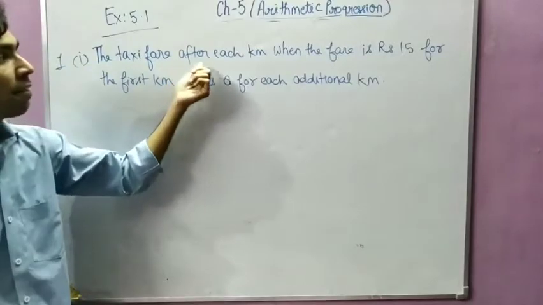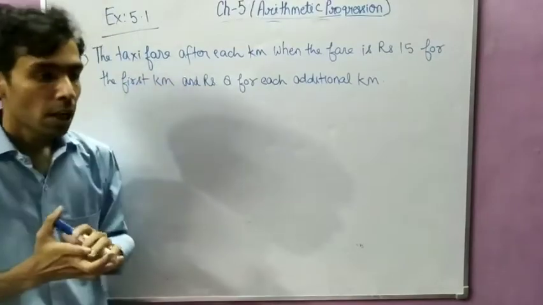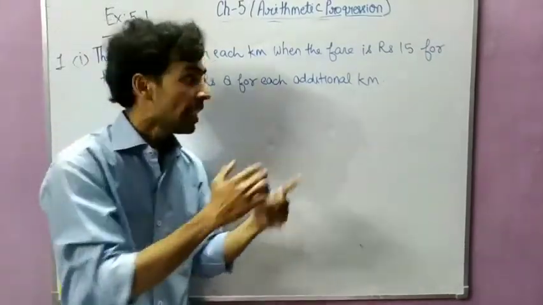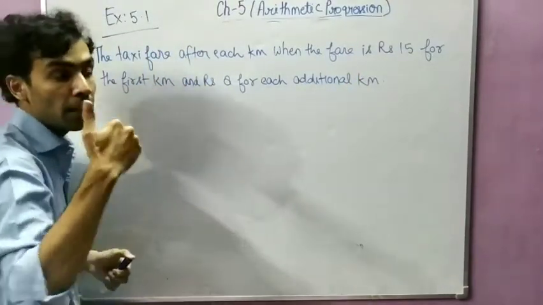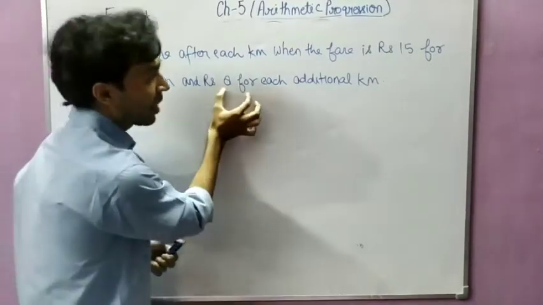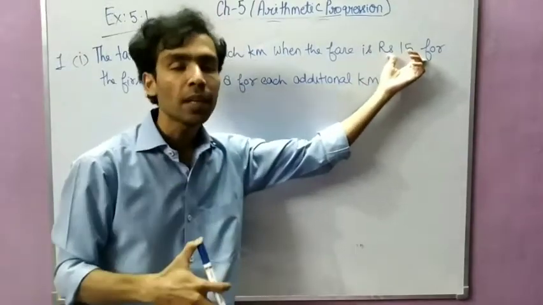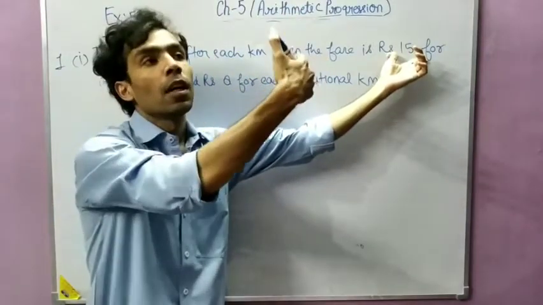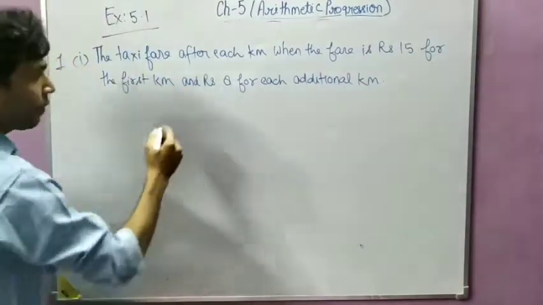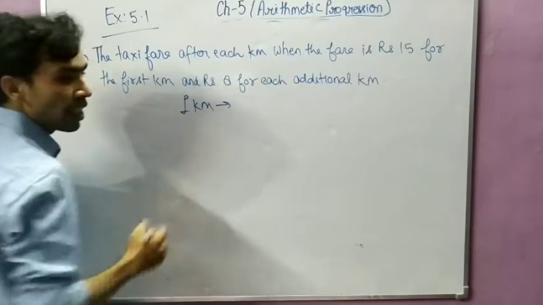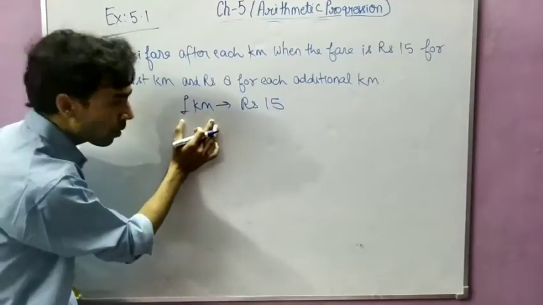A taxi fare when the fare is ₹15 for the first kilometer means when a taxi goes for the first kilometer it takes how many rupees? 15, and when it moves kilometer by kilometer extra, then it takes 8 rupees per additional kilometer. Suppose it goes 1 kilometer, it will take ₹15.